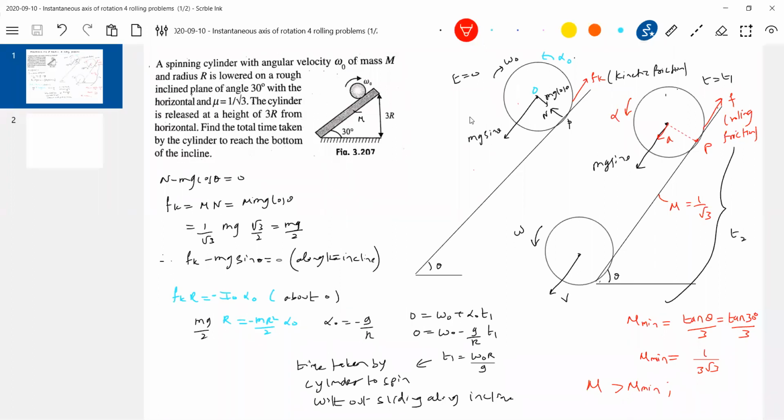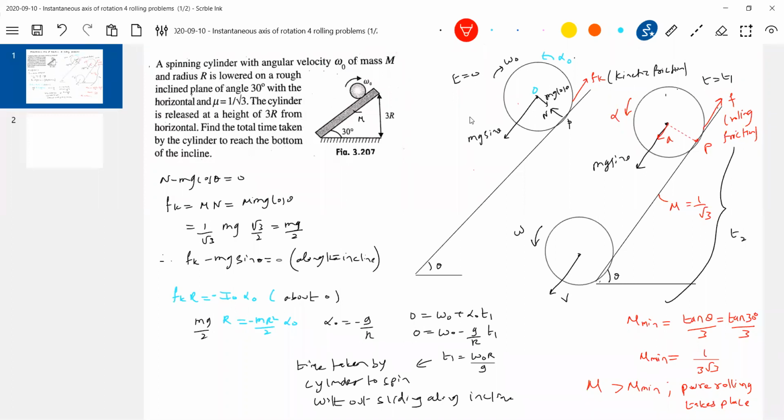If the mu of the inclined plane is greater than mu minimum, pure rolling will occur. So therefore here, pure rolling takes place. Got the idea?